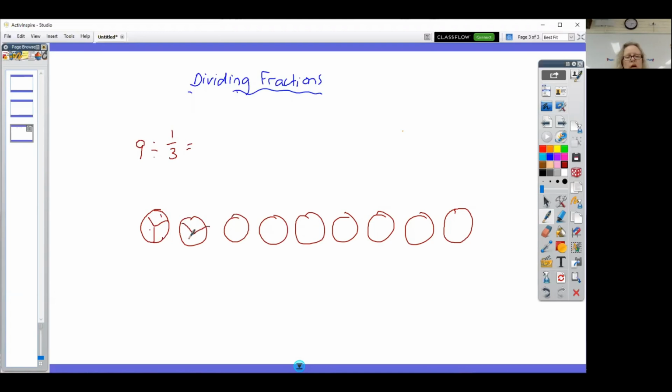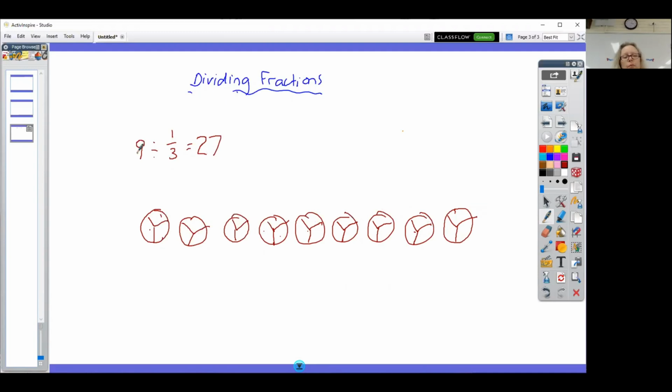In this one, there are another 3. So that's 6 thirds altogether. Counting on, there's 3, 6, 9, 12, 15, 18, 21, 24, 27. There are 27 thirds in 9 wholes.